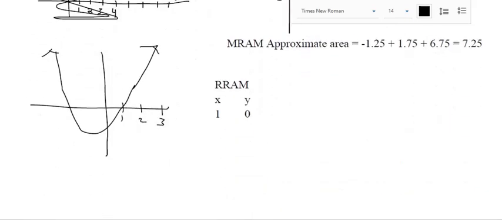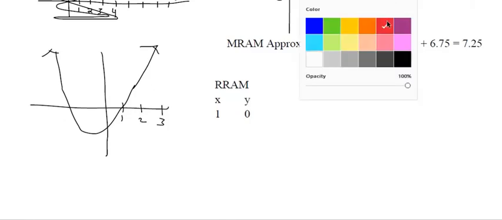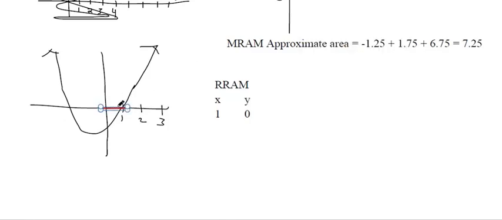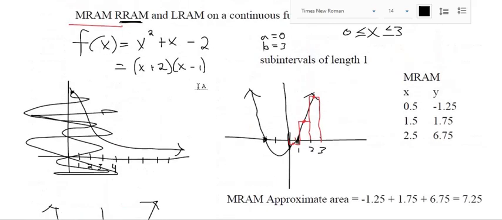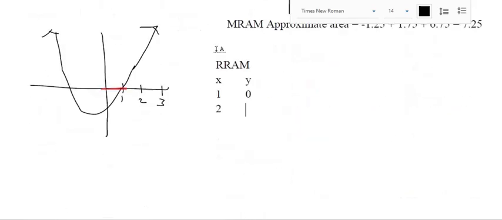So this first rectangle has actually got no height. It's got an area of 0. Okay, so we'll move on to the next subinterval from 1 to 2. The right side of that interval is at x equals 2. And we need to know what the y value is if we plug in 2 up here. 2 squared is 4. 4 plus 2 is 6. 6 minus 2 is 4. So that's our y value.